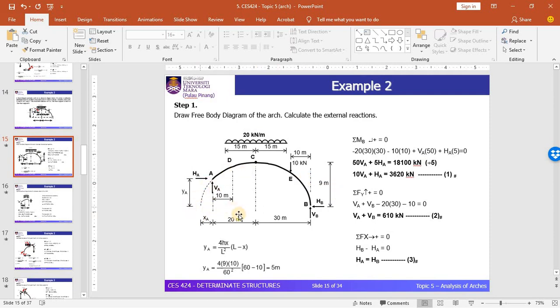Since your y is at point D, the x is 20 meters based on the complete arch shape, not from E. I hope you can take note of this condition so that you don't make a mistake. You need to pay more attention when we deal with this case. Sometimes students make a mistake on this one.